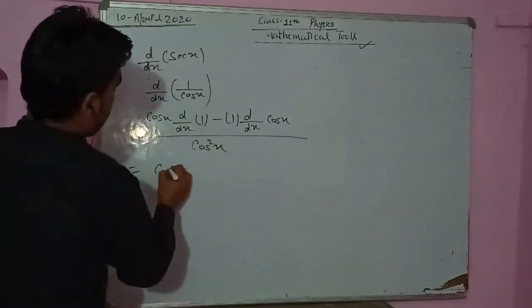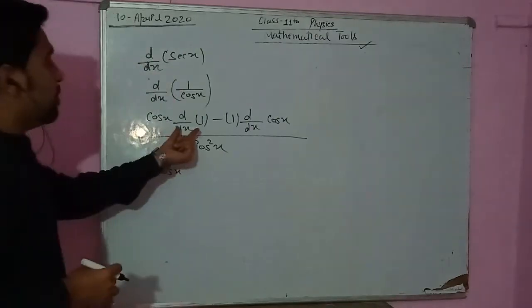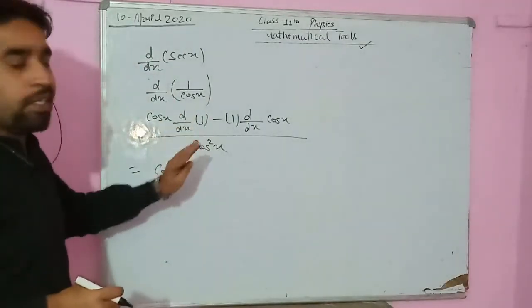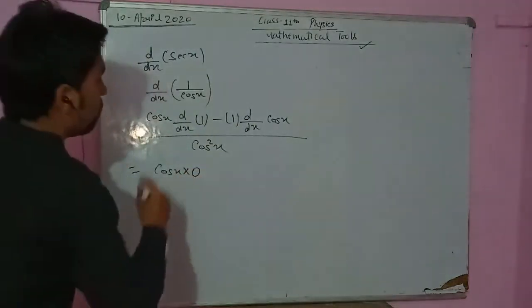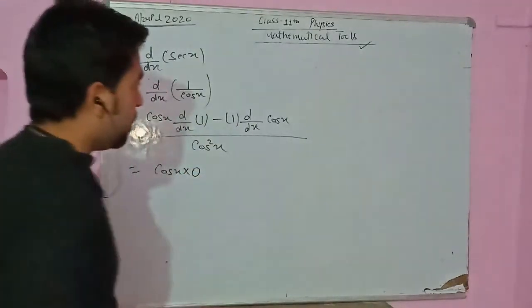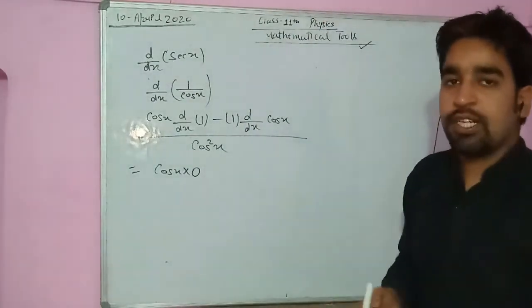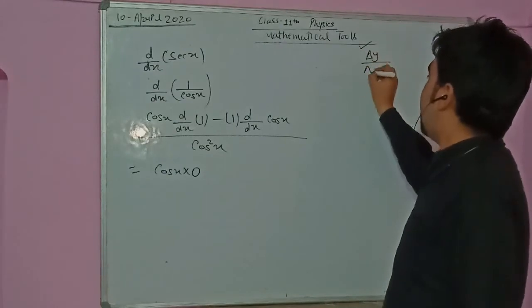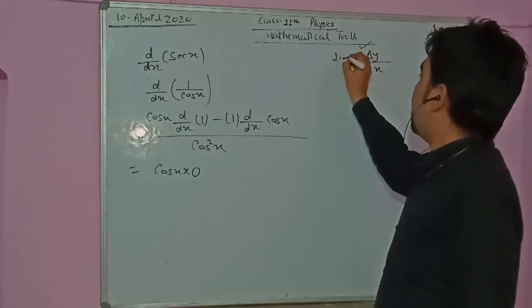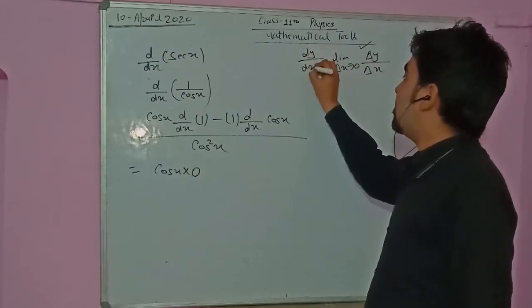So this will be cos x, d upon dx 1. Now students, see, the differentiation of any constant is always 0. Why is the differentiation of a constant 0? I told you that del y upon del x when del x is tending to 0 is actually the differentiation.